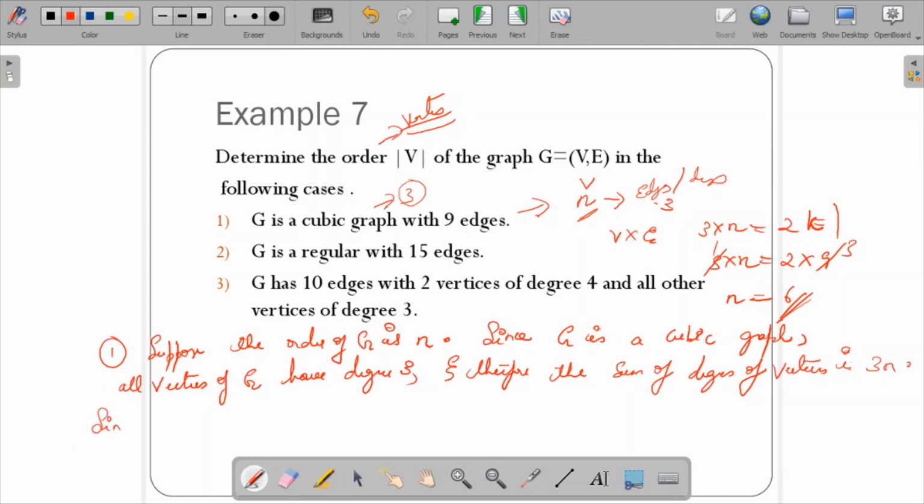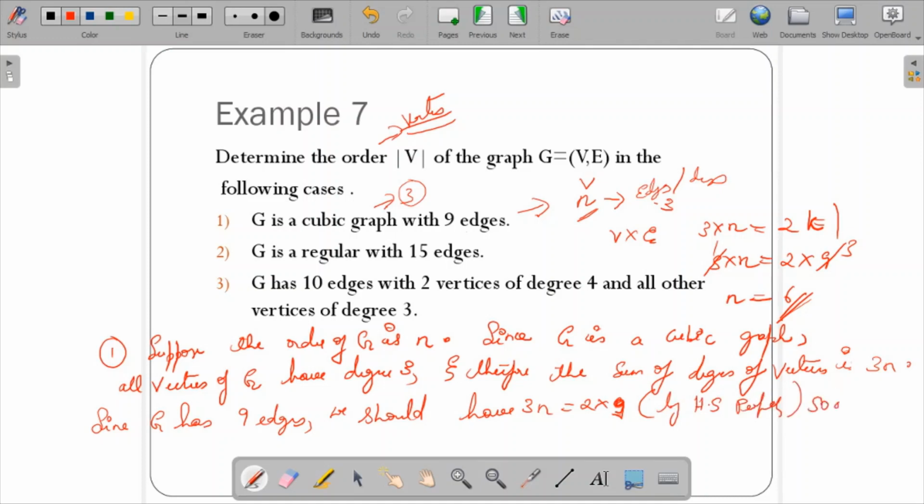Since G has 9 edges, we should have 3 into n is equal to 2 into 9, by the handshaking property.